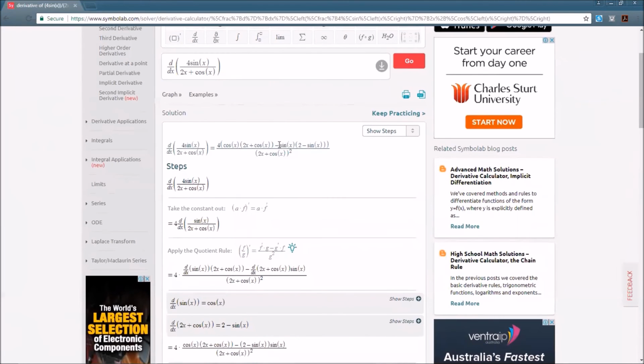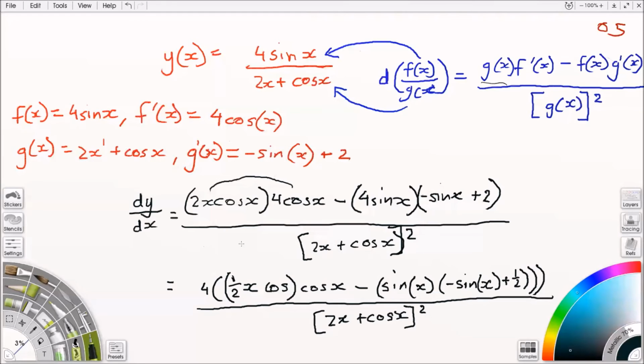So they literally left it as it was. Cos x. Yep. What did they do? What I'm thinking is, what did they do here? Wow. Yeah. So what's times by the cos x? 2x plus cos x.